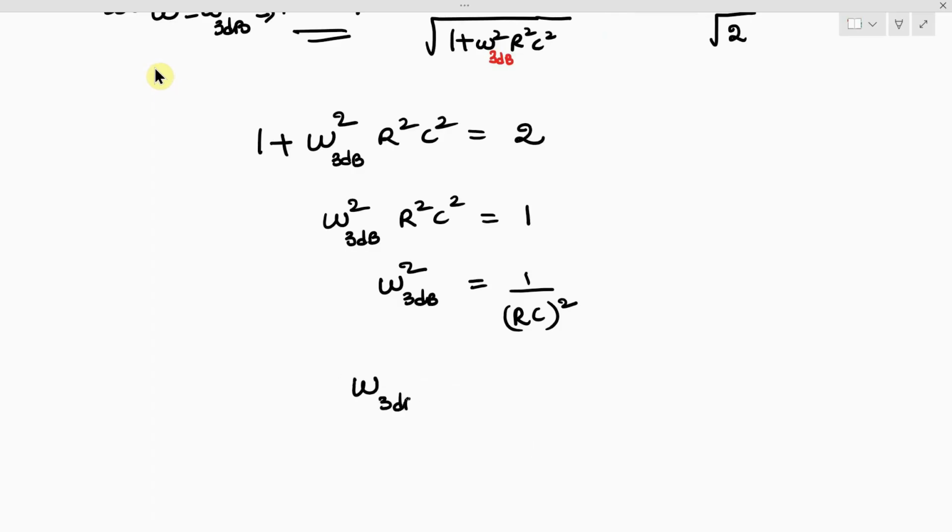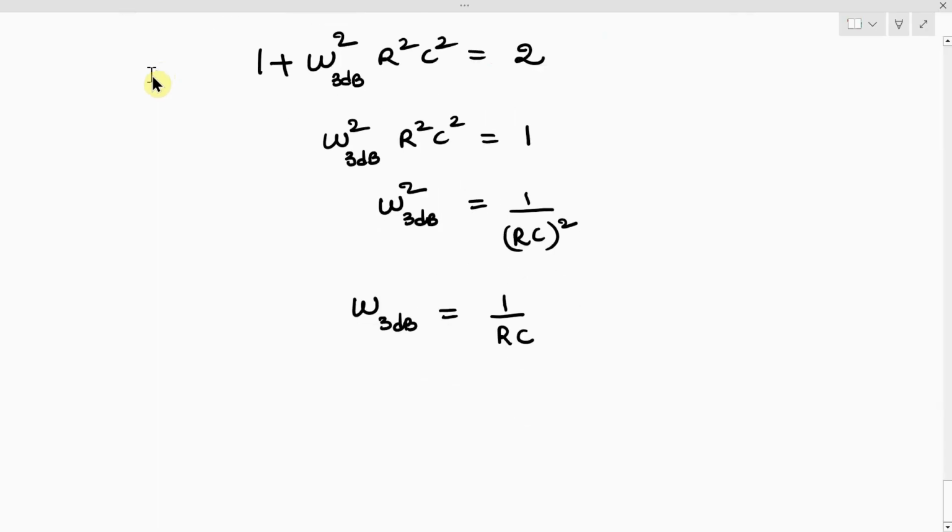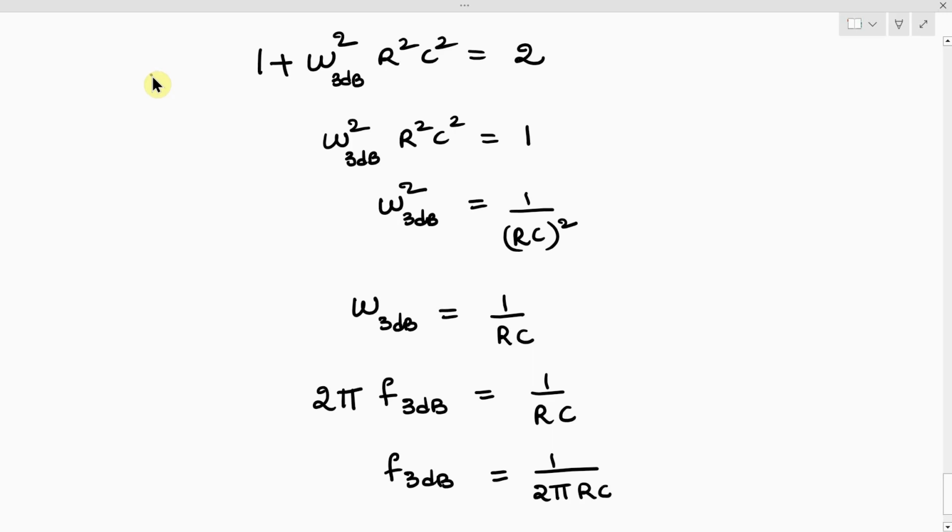So omega 3 dB equal to 1 by RC. But we don't need omega 3 dB, we need f3 dB. So omega is 2 pi f, that's why I'm writing 2 pi f3 dB equal to 1 by RC. And finally, the 3 dB bandwidth will be 1 by 2 pi RC. Is it clear?